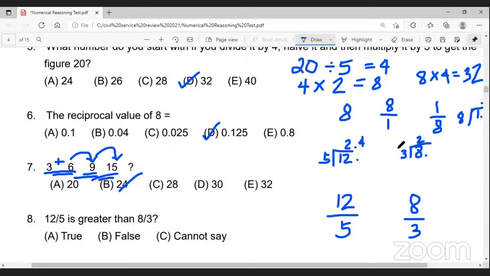But we need to divide further, and we still have 20 divided by 3.6 to make it 18. But without solving it completely for the decimal form of 8 over 3, the decimal is 2.6 versus 2.4.